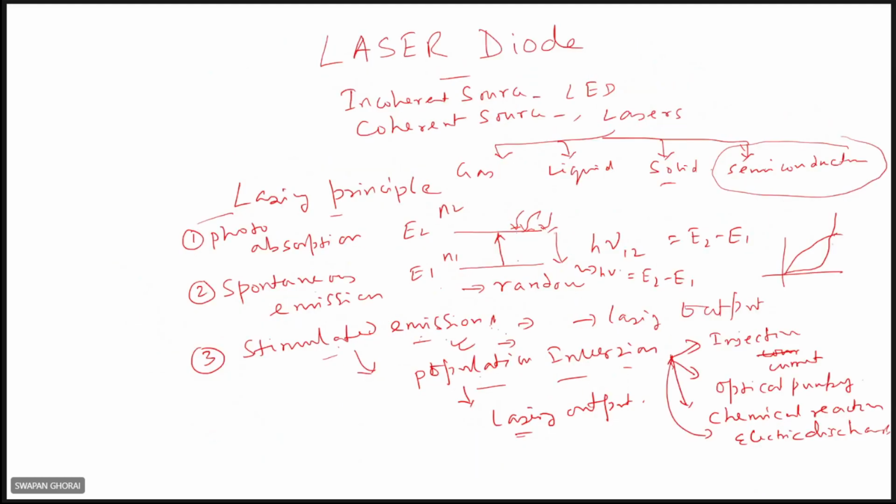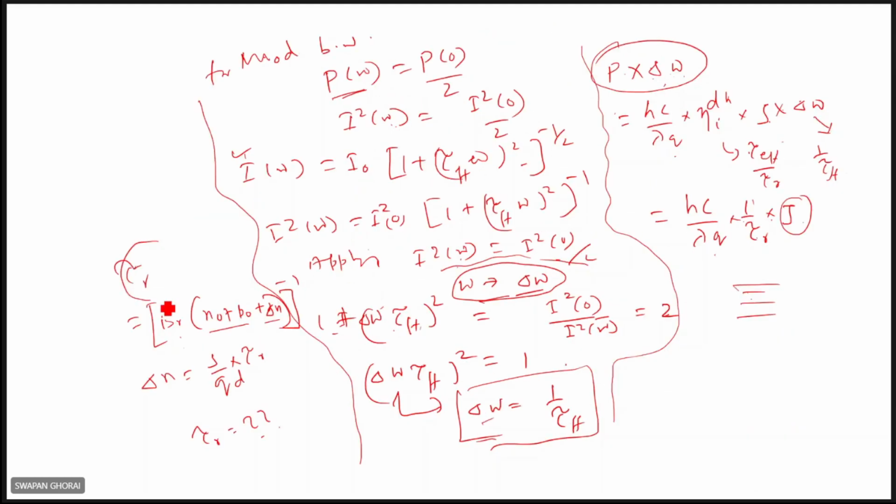We can also determine this tau r. How can you determine this tau r, the relative recombination lifetime? That is proportional to the initial excess carrier concentration, with a constant of proportionality. So you can write this as tau r.